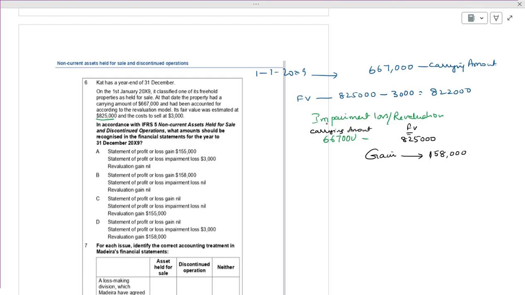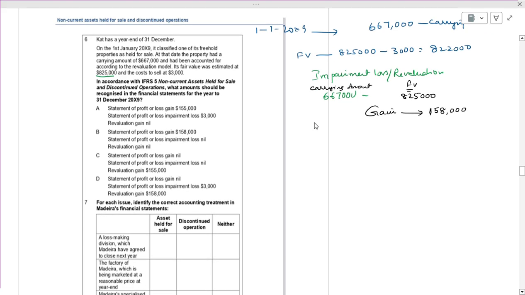Now, when there is a revaluation gain, will it be credit or debit?